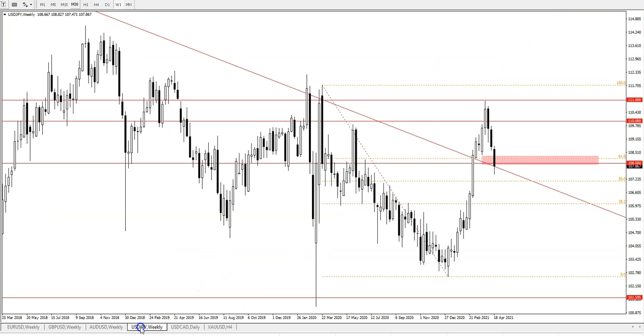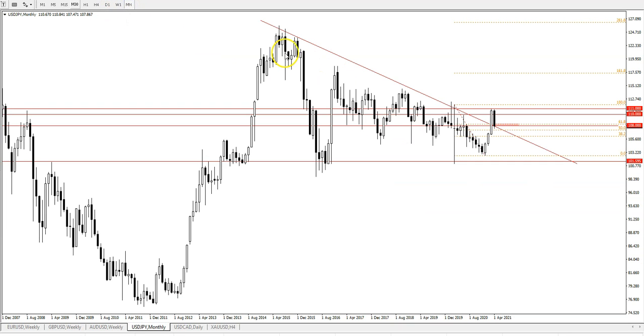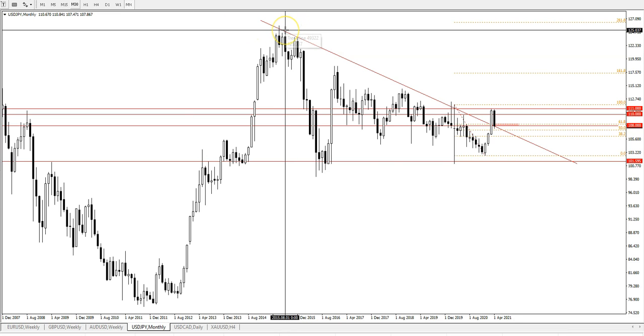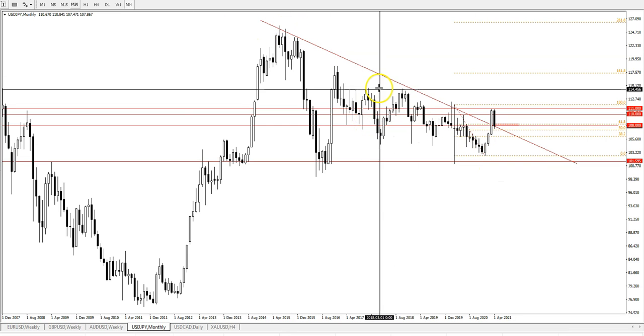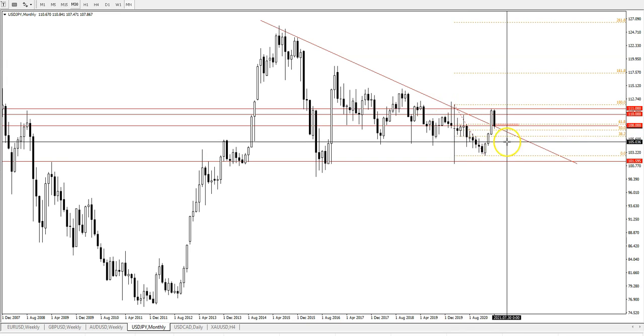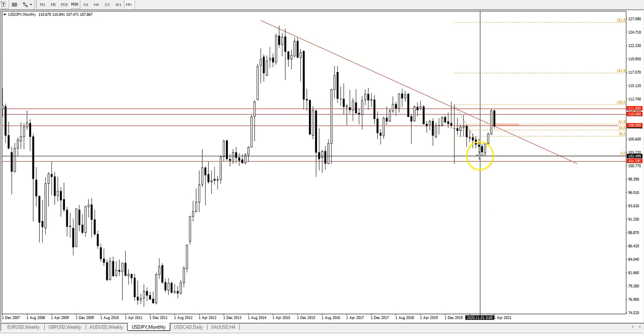Okay, looking good. Yen, oh, very nice. So yen is on a long-term consolidation. It's been consolidating since 2015, and as price compressed, it's like a spring ready to burst out.